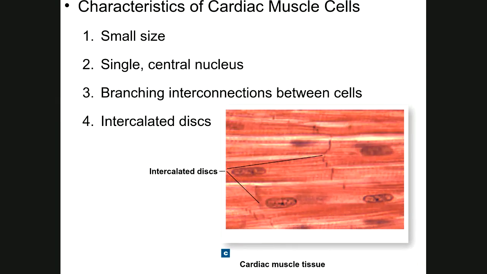That's myocardium. And the intercalated disc, that's the biggest difference.